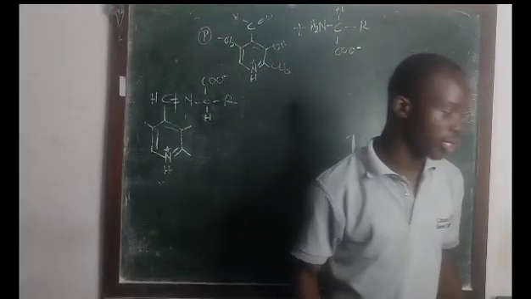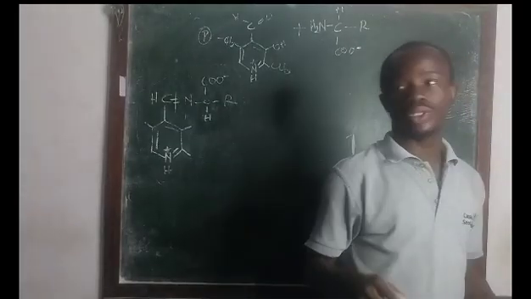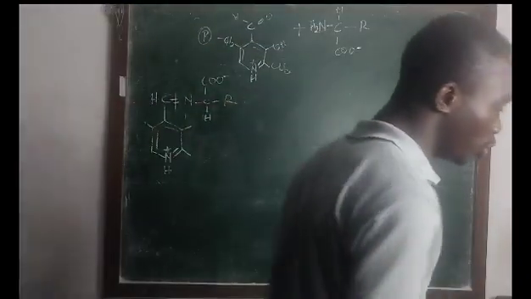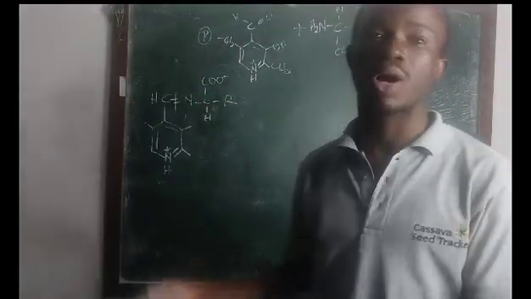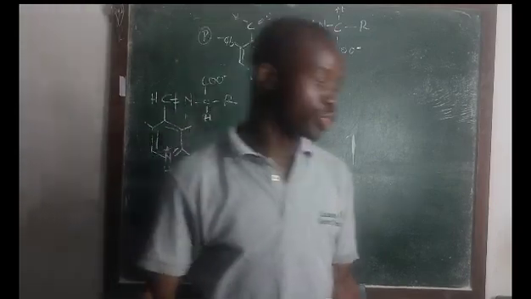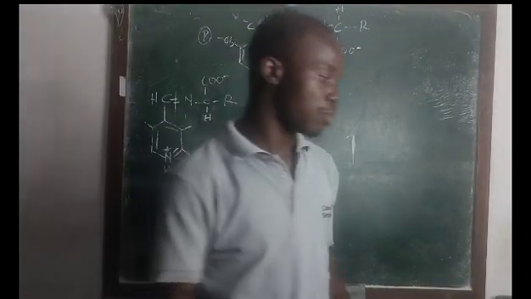Removal of alpha hydrogen can lead to racemization. That is changing your D amino acid to an L amino acid. You can use it to convert a D amino acid to an L amino acid. That's racemization.